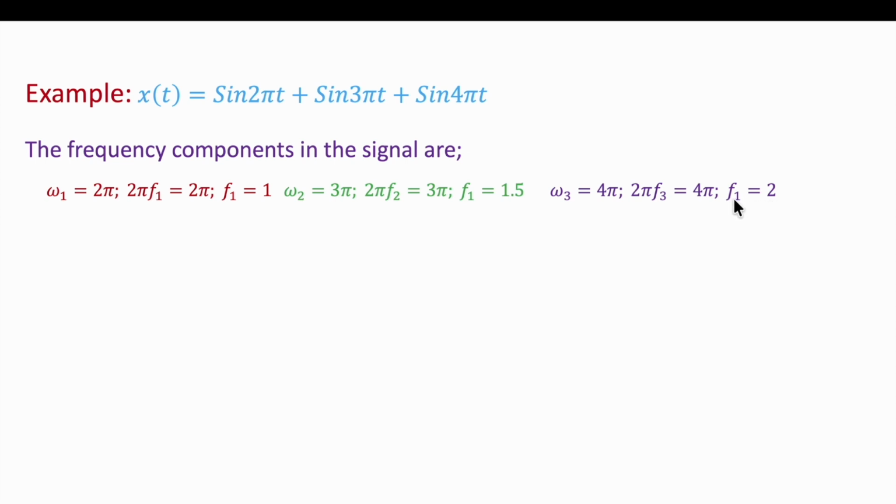So f3 equals 2, f2 equals 1.5, and f1 equals 1.